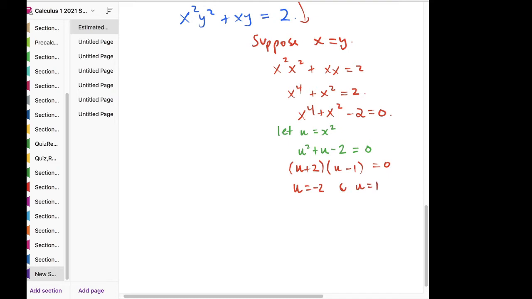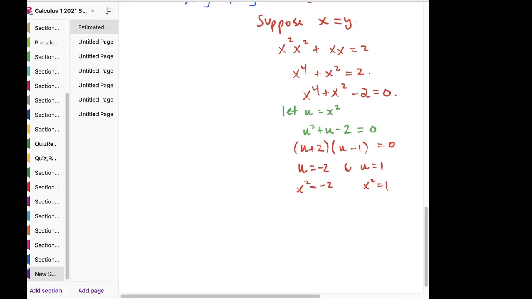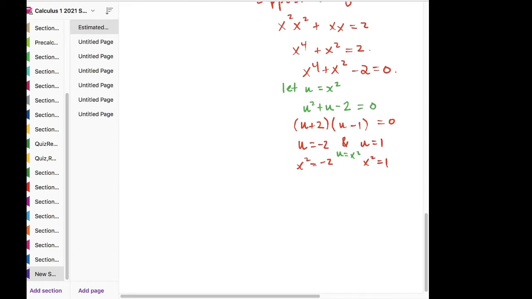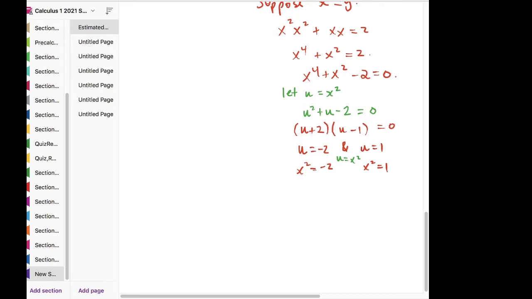So this means that x squared is equal to negative 2 and x squared is equal to 1. Right, this is bringing back in u equals x squared. So what's the answer? What are the x values? How about this one?